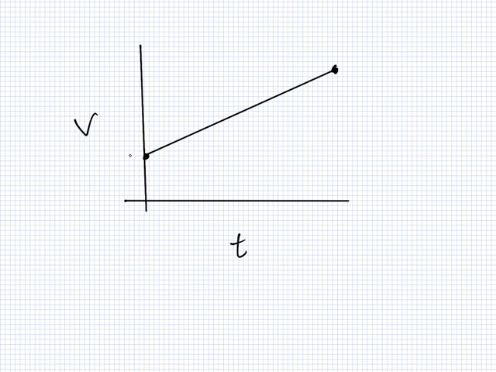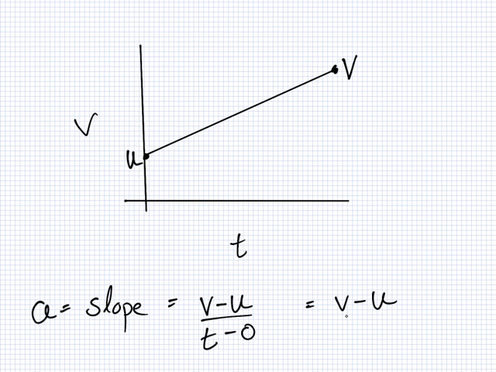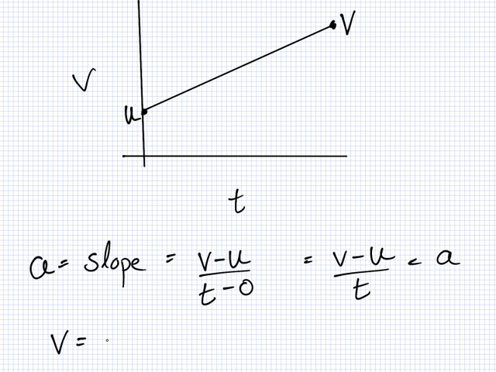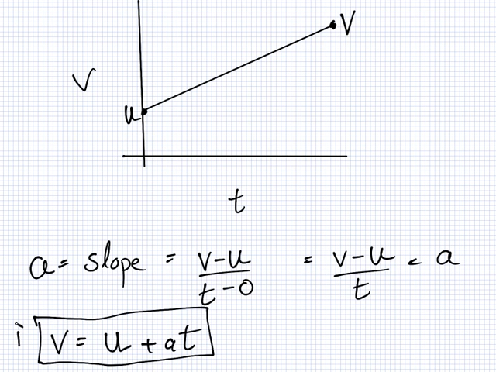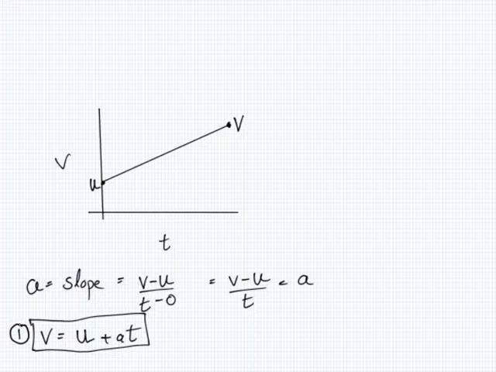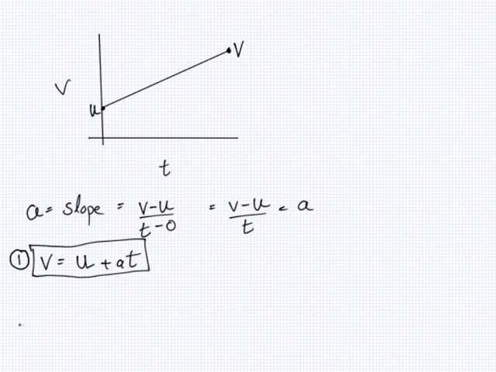This one here is going to be U, this one here is going to be V. And we said from last class that the A is equal to the slope, which is V minus U over T minus 0, which is V minus U over T. That's the A. We can rearrange that and we end up with this result: V equals U plus AT. This is our first equation. Got that?